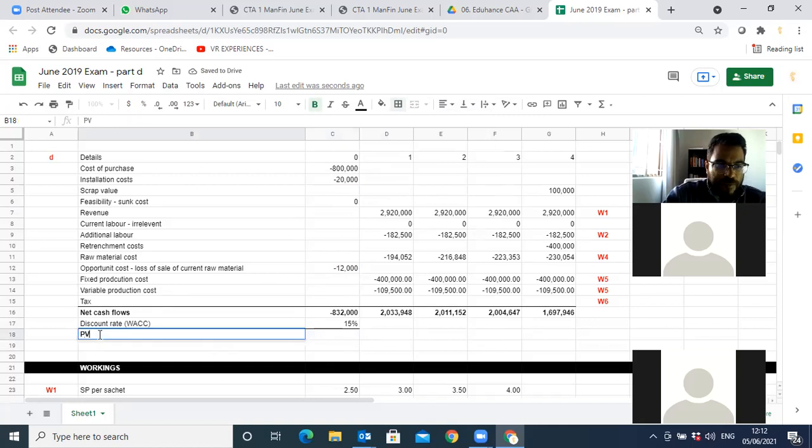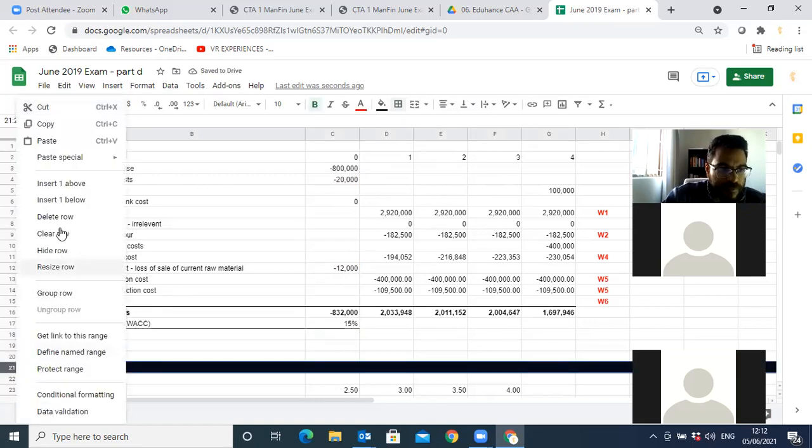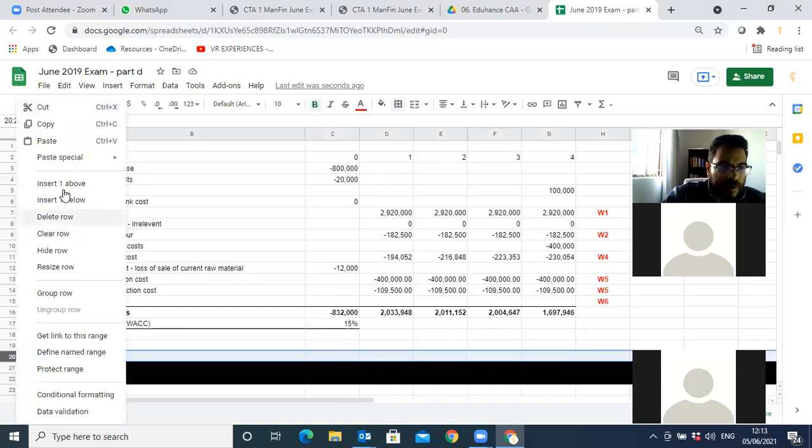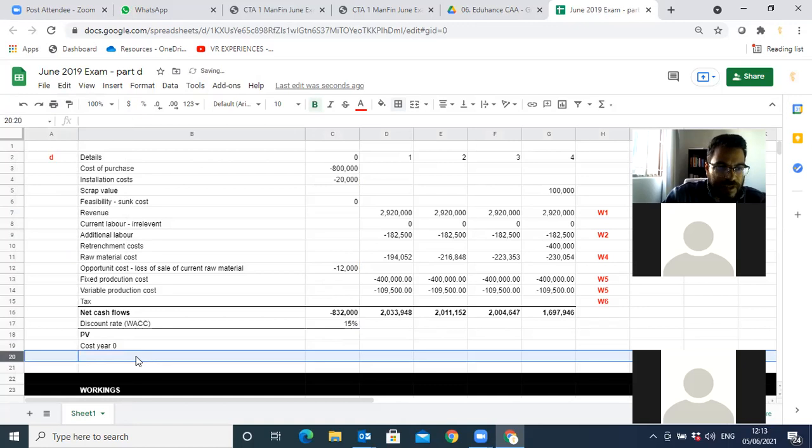So I'm just going to put the PV cost, and then this will give us NPV. I'm just doing it the longer way because of the way the spreadsheet works.